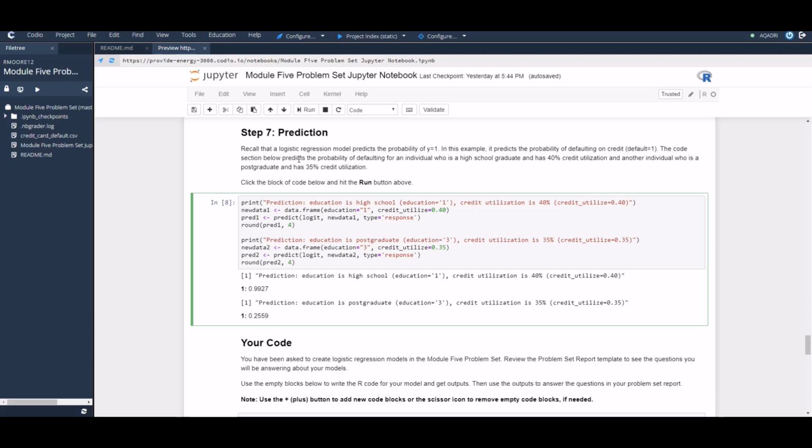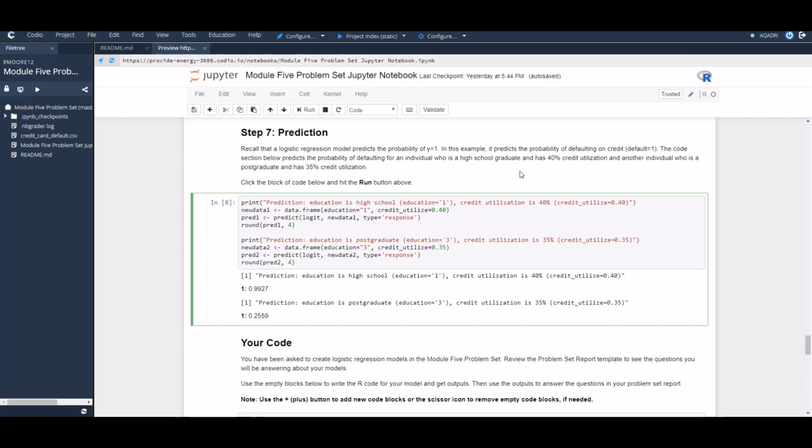The code section below predicts the probability of defaulting for an individual who is a high school graduate and has 40% credit utilization, and another individual who is a postgraduate and has 35% credit utilization. So the credit utilization here is not drastically different, but education is.